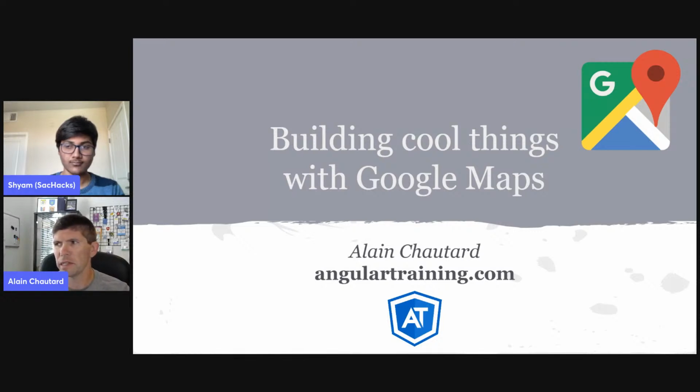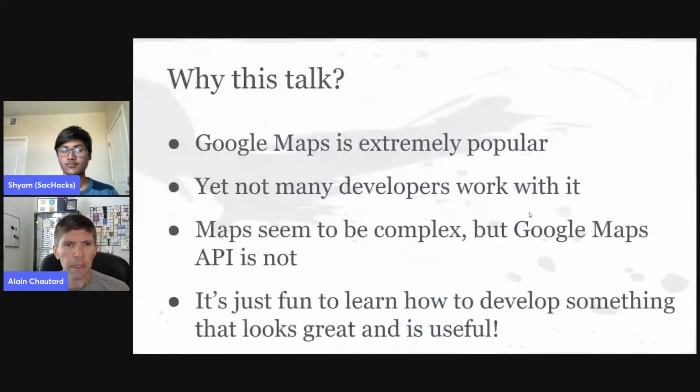You can basically extend Google Maps to add your own data to it, to add your own features to it, and really build very interesting stuff out of those maps. I'll be sharing a few examples of that in a few seconds.